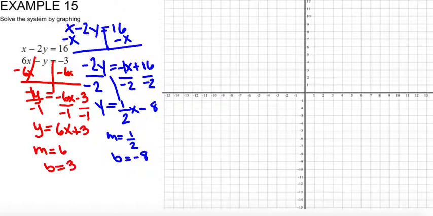So when graphing, I always start with the y-intercept. So the y-intercept of the first equation is negative 8, so I put a dot at negative 8. And my slope helps me figure out the next point. So my slope is 1/2, so I go up 1 to the right 2.